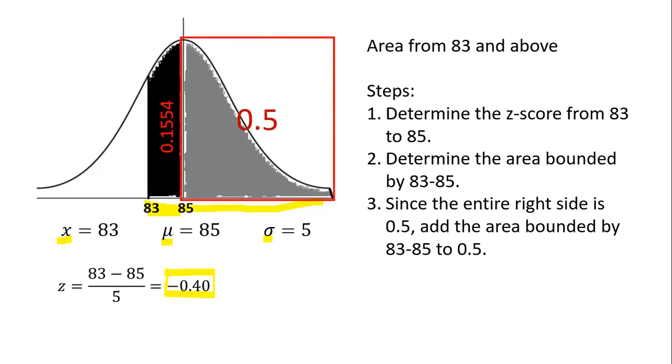So for us to get the area from 83 and above, or the probability, we add the two areas, 0.5 plus 0.1554, we get 0.6554. So this is the area from 83 and above. So we can say that the probability of those who got 83 and above is 65.54%.